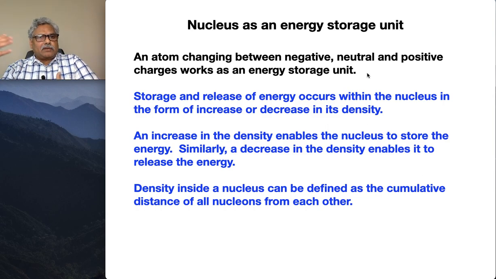If you add an electron to a positive ion, it gives off energy, and if you take the electron away, it consumes energy. So the status keeps changing between negative, neutral, and positive.